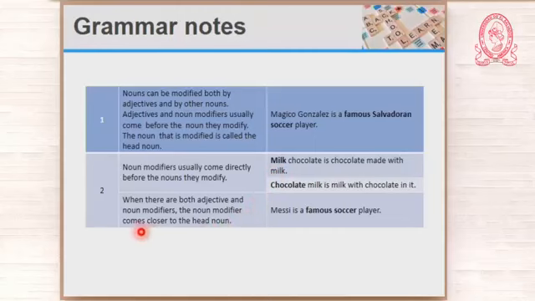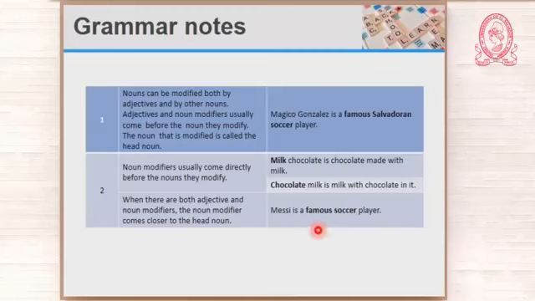Okay? Now, let us see this part. When there are both adjective and noun modifiers, the noun modifier comes closer to the head noun. Okay, we are repeating. Now look at this sentence. Messi is a famous soccer player. Head noun, player. Modifiers, famous and soccer. One of them is a noun modifier.